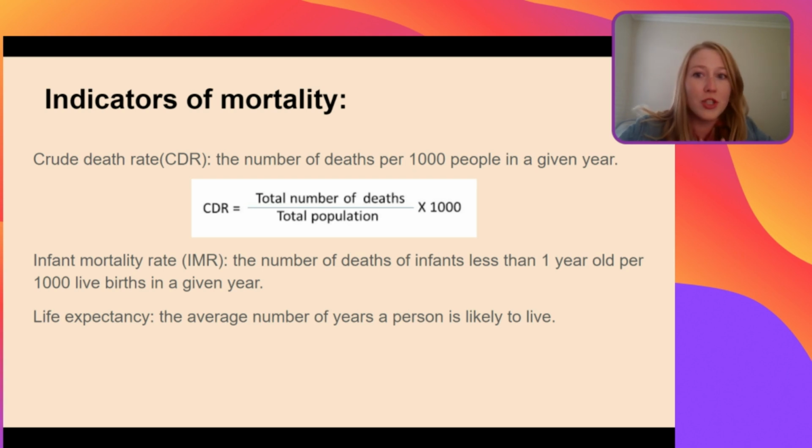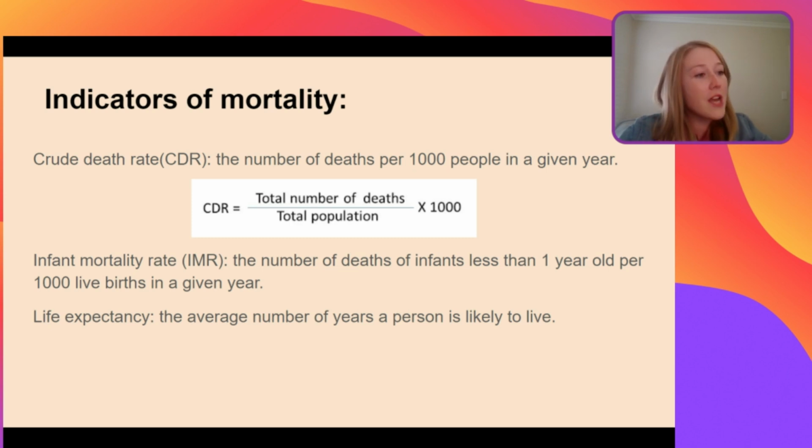I think I mentioned infant mortality rate in one of my older videos, but just to recap it again, it's the number of infants that die before they are 1 year old per 1,000 infants born within that year.